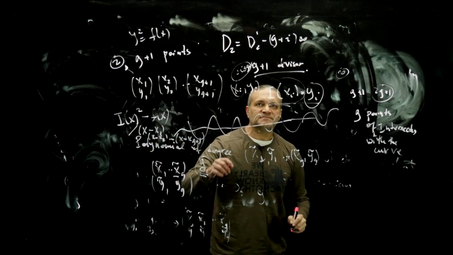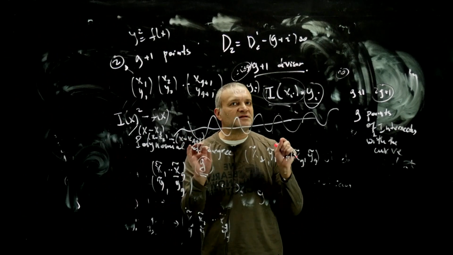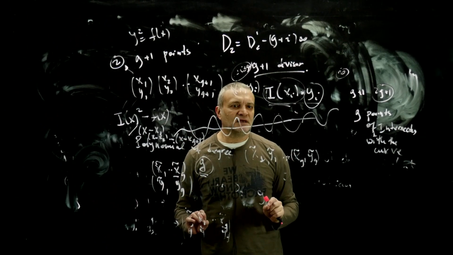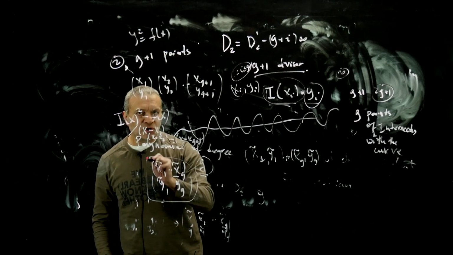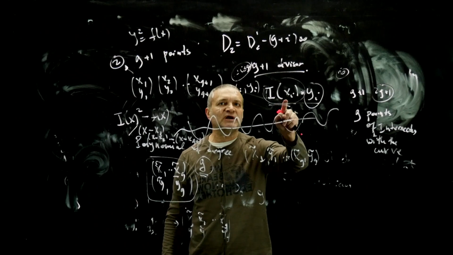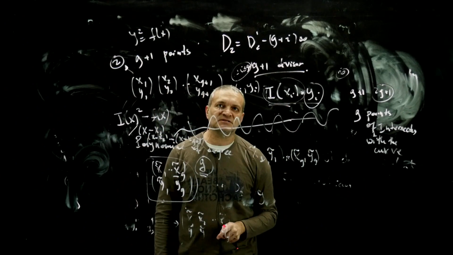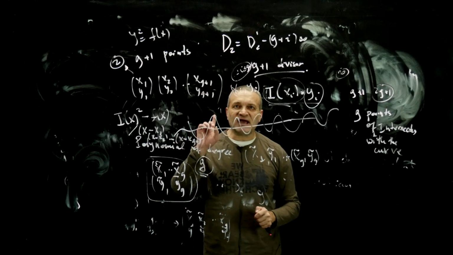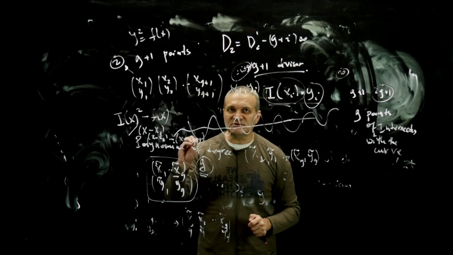Okay, now there is a small problem here. The problem is that a priori it looks like in order for me to get this result, I need to know exactly what x1 to xg tilde and y1 to yg tilde are. And that is where it is just a mirage.